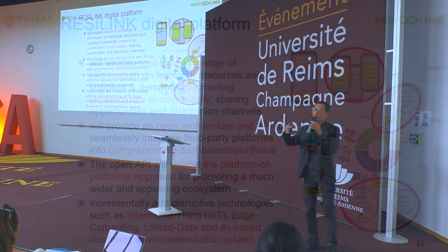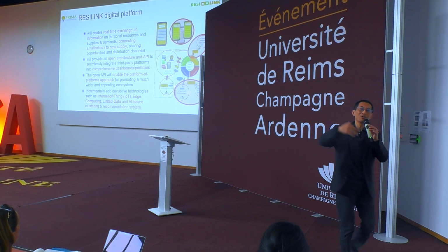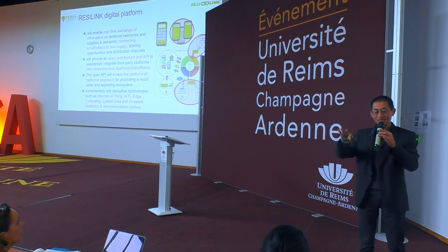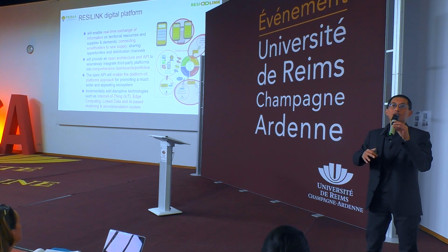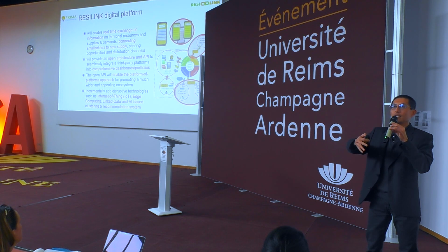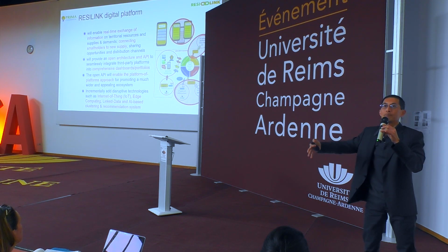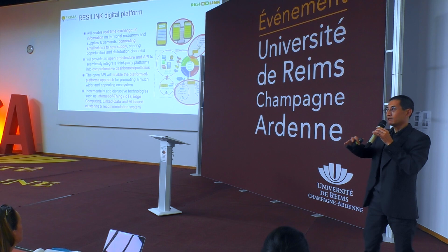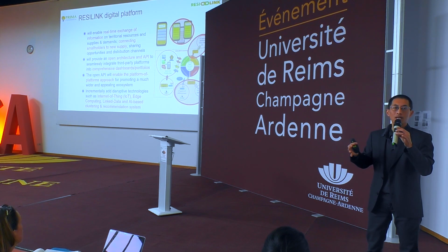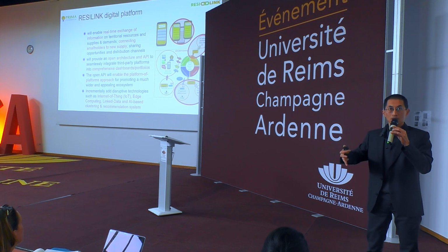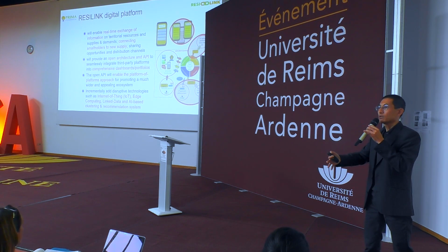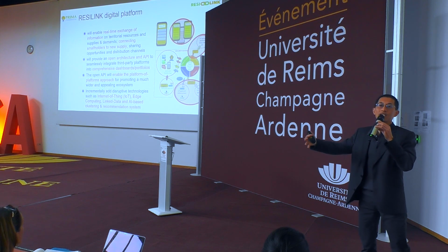For most of you, the notion of open architecture or API may sound a little bit difficult to understand. But the idea is not to provide another mobile app, okay? It's to provide a framework allowing third parties and local actors to use it to develop their own applications.